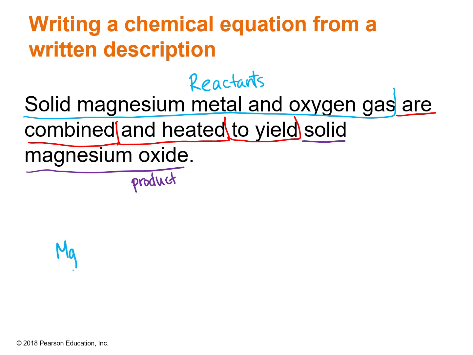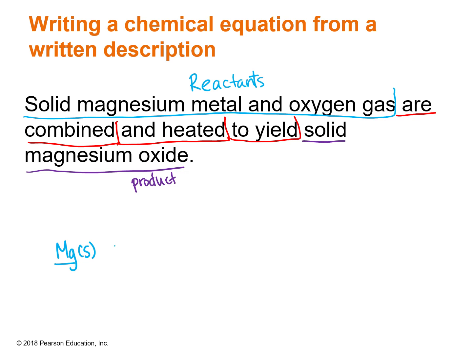Magnesium metal is simply Mg, and then you put the S after it in parentheses for solid. So anything that you see that's a metal, sodium metal, calcium metal, anything metal, and it's solid, you're going to put just simply that element symbol followed by the S in parentheses, or whatever state of matter it's in.